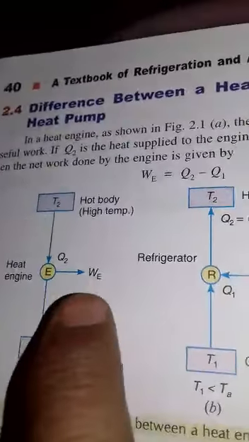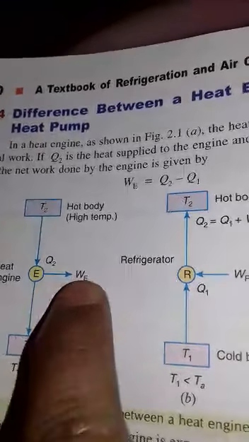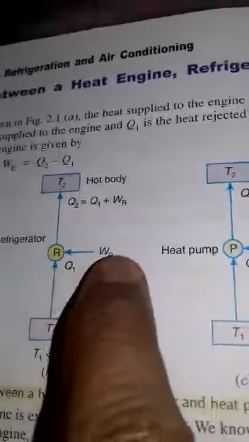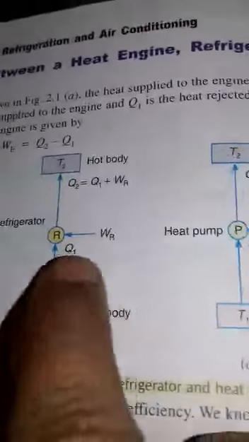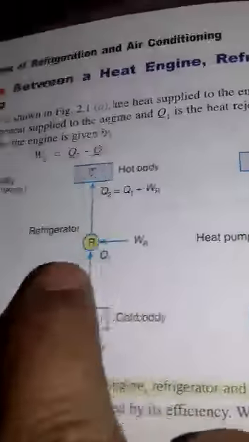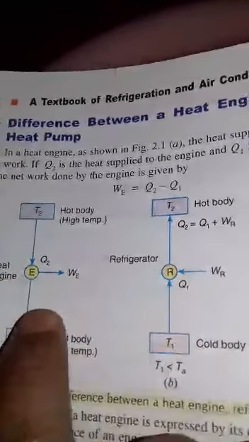While engine is separate, in case of engine we are getting the work done out, while in refrigeration and heat pump we are supplying the work. This is the basic difference between the three. Refrigeration and heat pump, we are supplying the work, while in engine we are getting the work done by the engine.